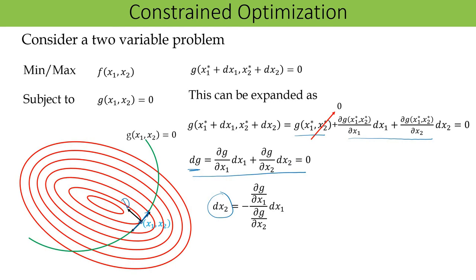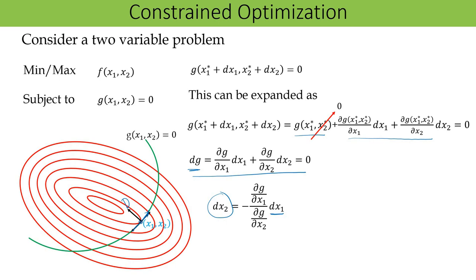So I am getting a relation like that. What does it mean basically? If I move x1 along dx1, then the dx2 value should be like this. So automatically I can calculate the possible dx2 value.